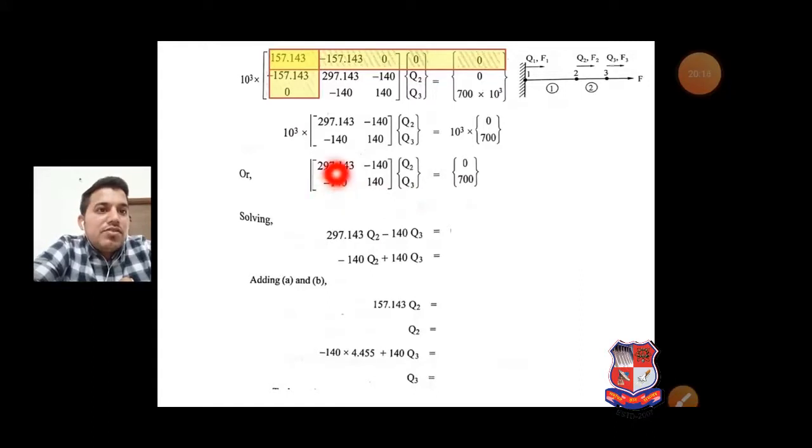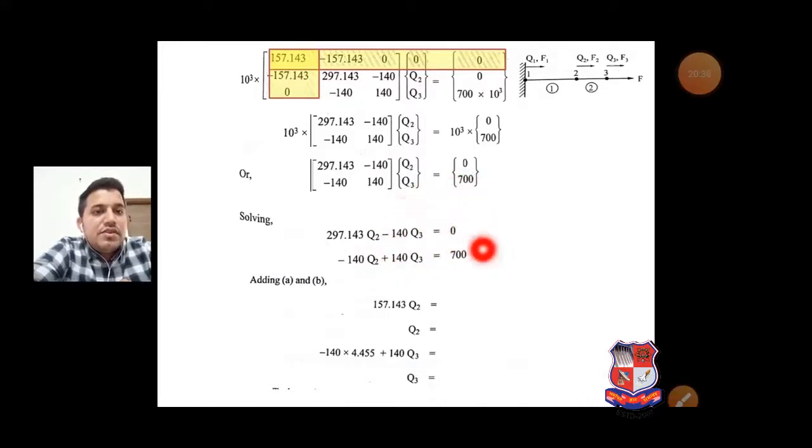As per this conclusion, for the first row, we can write that 297.143 q2 minus 140 q3 is equal to 0. And the second formulation, minus 140 q2 plus 140 q3 is equal to 700.